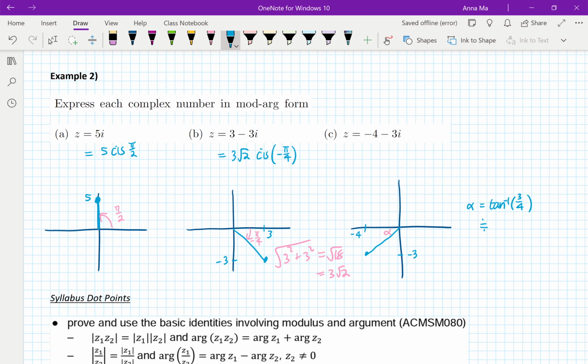And if the question tells you how to round it off, follow the question. If it doesn't say, you can choose, I usually go with 2dp. So if we round it off to 2dp, I get 0.64 in radians. So then the principal argument would be negative pi plus whatever alpha is.